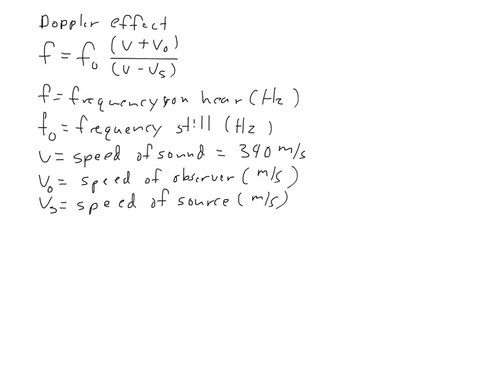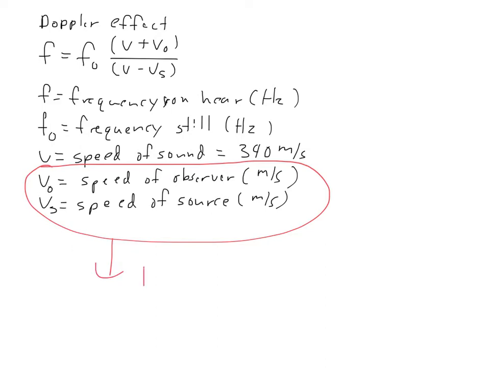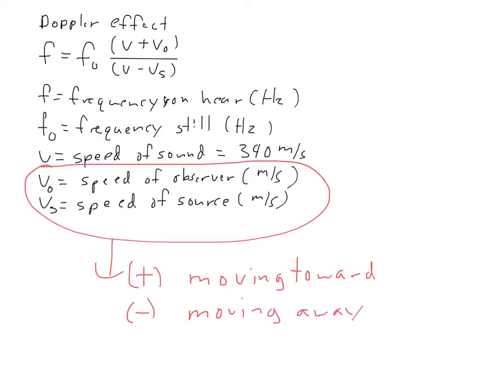For VS and VO, they're both positive if moving toward, so if the source is moving toward the observer or the observer is moving toward the source, they're positive, and negative if moving away. And if one's moving towards and one's moving away, one will be positive and one will be negative.